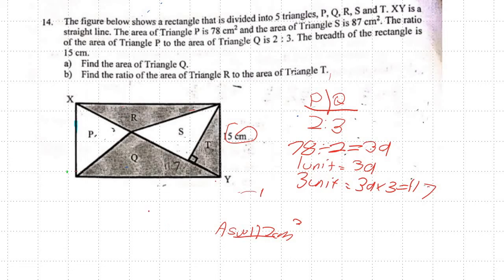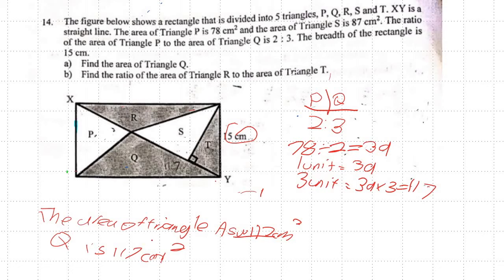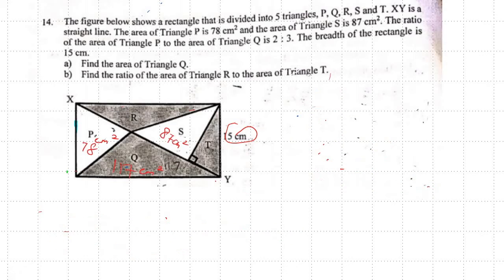So you just write a statement: the area of triangle Q is 117 centimeter square. Okay, so now we will proceed on to question B.